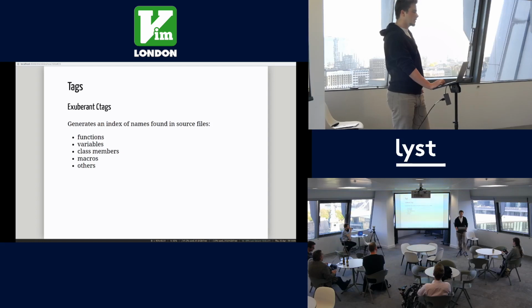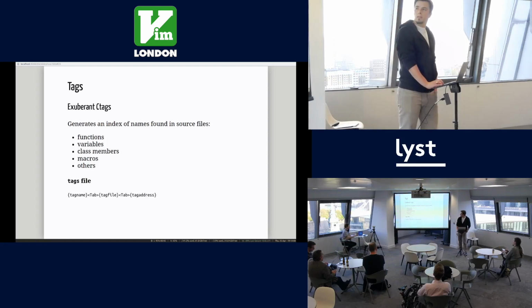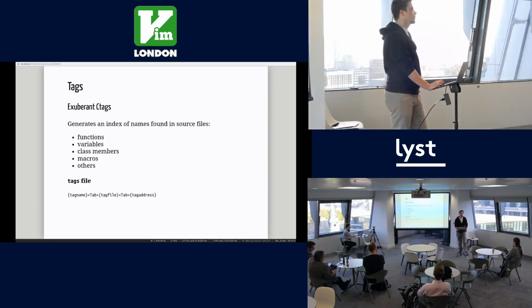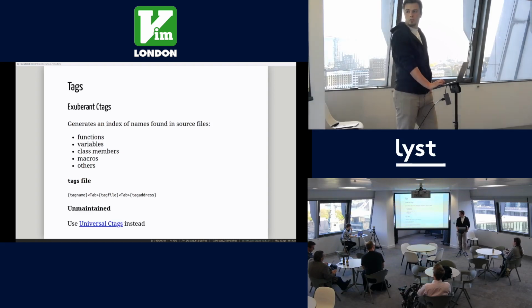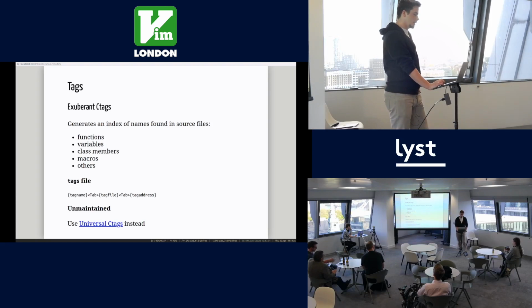This is just a tags file, which has the following format. It finds all your definitions in all the source code that you have and creates an index of them. It supports over 40 languages, and it is extensible, so you can add your own languages. However, it is unmaintained, so universal ctags should be used instead.